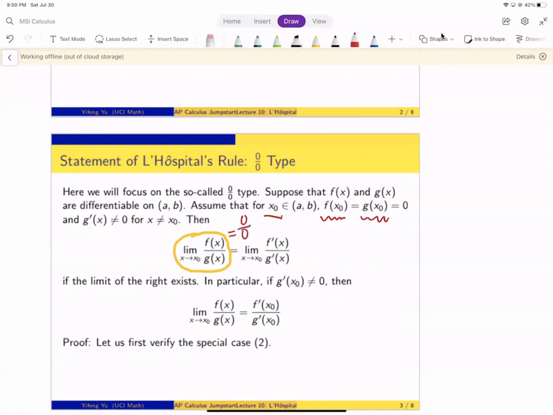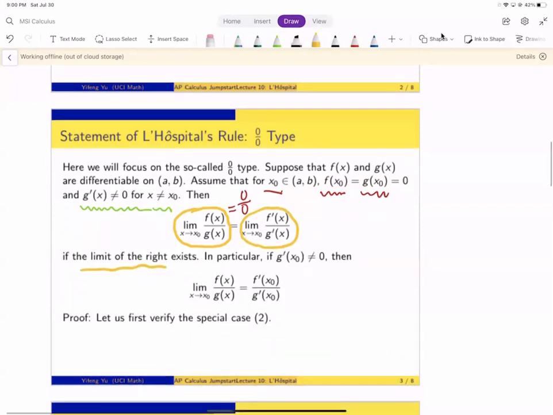If we further assume that the derivative of g does not vanish, it's not 0 when x is not x0, then L'Hopital's rule tells us the limit of f(x) over g(x) is the same as the limit of the quotient of their derivatives, if we know the limit of the right-hand side exists.